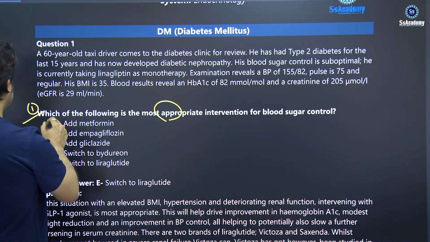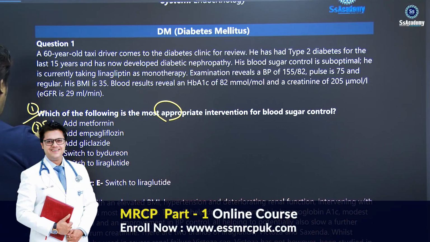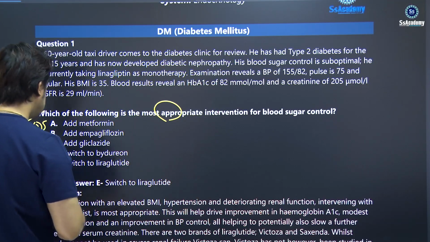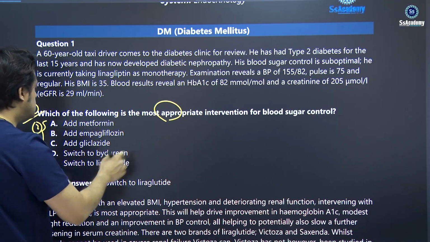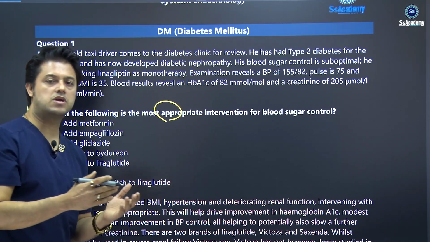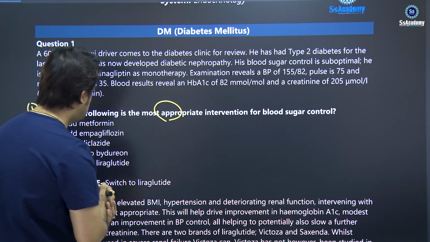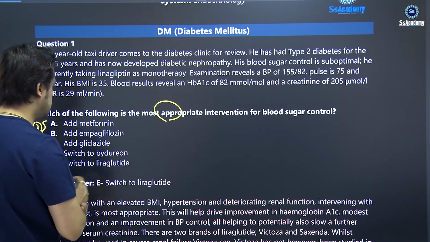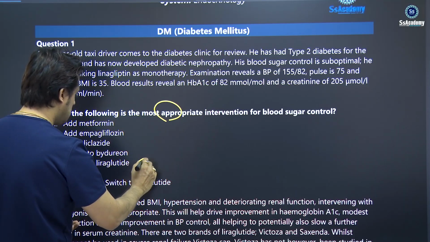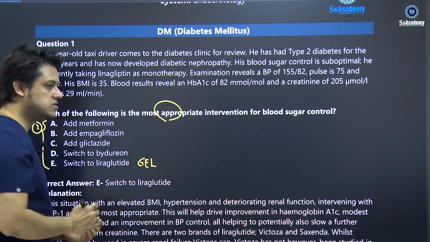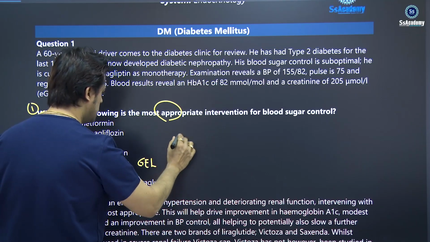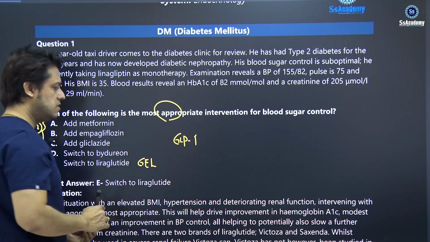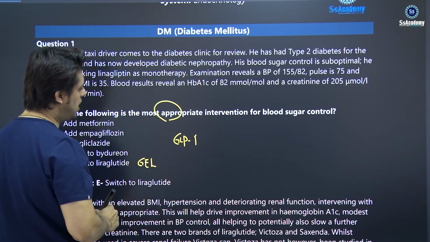Immediately after reading all the options you need to think about the different SS boxes and the important knowledge that you have, my dear. Switch to liraglutide is nothing but the gel, my dear, is an SS box. Gel means the G for GLP-1 receptor drugs minder, the GLP-1.